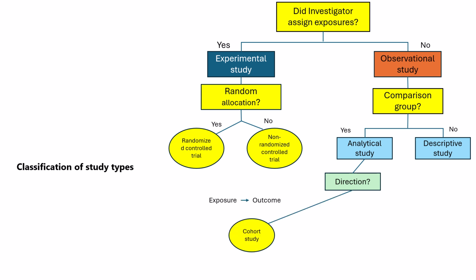So if you have started your study with exposure and determine the outcome, then this is a cohort study. Okay, a cohort study can be of three subtypes. One is prospective cohort, another is a retrospective cohort, and the third type is a combination of the two, which is called ambidirectional cohort.